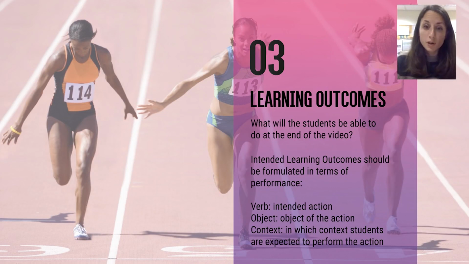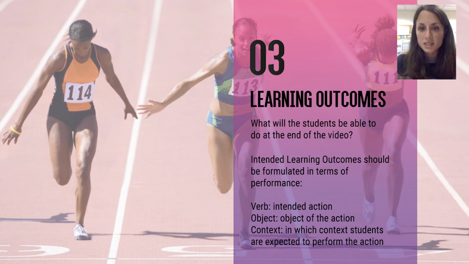we need to formulate the learning outcomes. So my users will watch my video, and after having watched my video, they will be able to do something. So I need to identify that, and intended learning outcomes should be formulated in terms of performance.